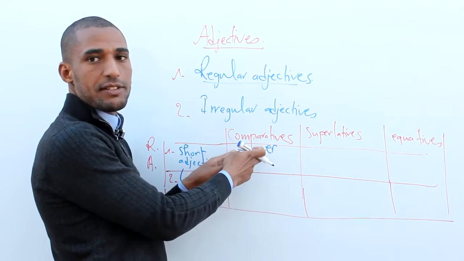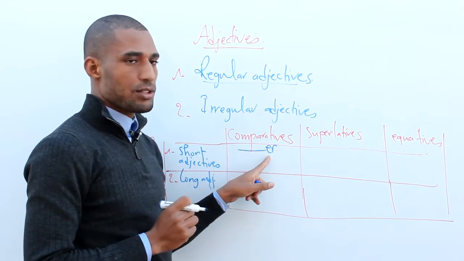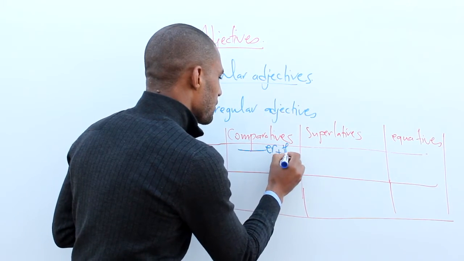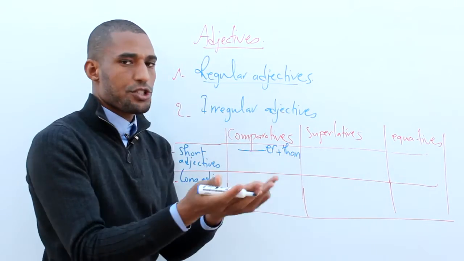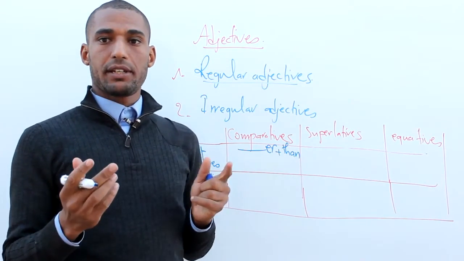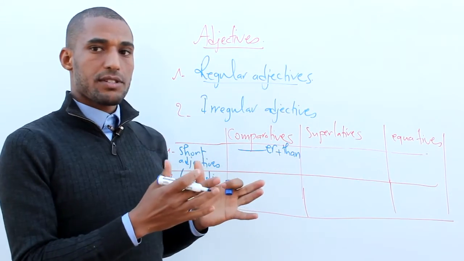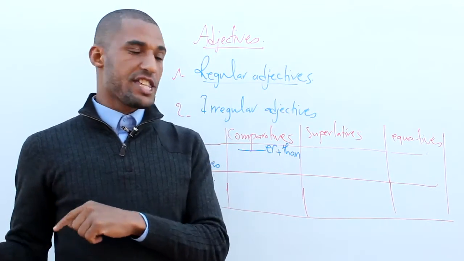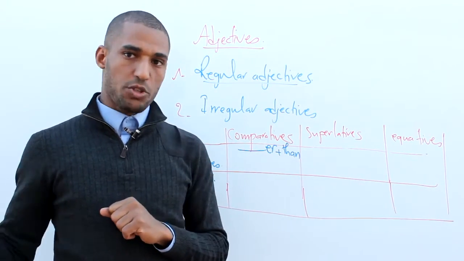We take the adjective, then we add the two letters ER. Plus, of course, the word than to show comparison, right? We say, example, big. This house is bigger than this one, right?